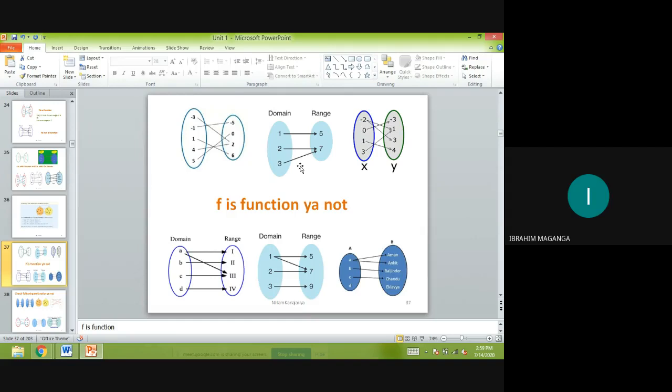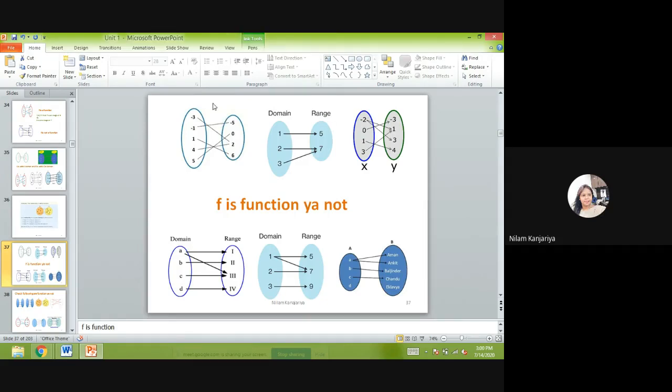Yes, it's a function because the element A and B may have, may appear. Okay, you can follow step by step. First, every element of the domain is used.